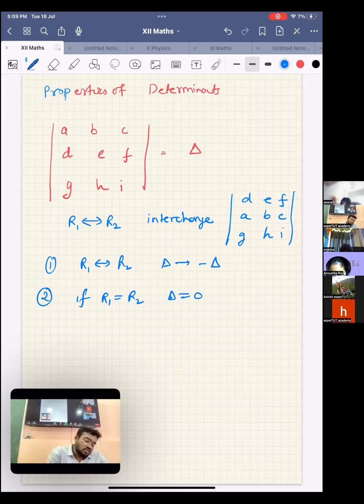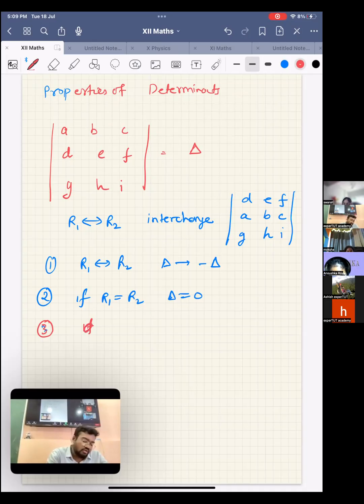Look, you take a determinant in which any two rows are the same and the third is different, and open it. Third is for later, agree? Third is theorem 3, theorem 2.